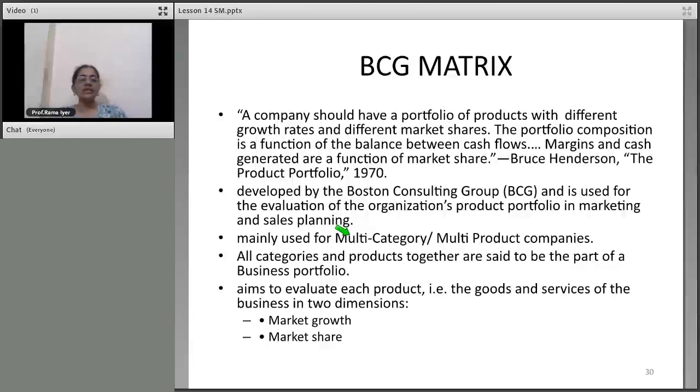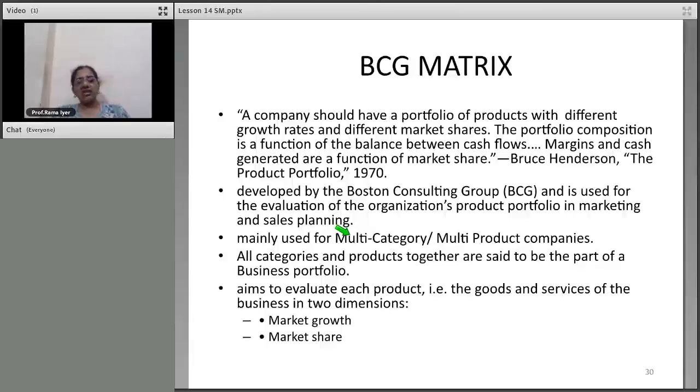BCG matrix is, in any company, it should have a portfolio of products with different growth rates. Growth rate as in when does it peak, when does it go well. Some different products should have different growth times. Otherwise, you will have a time when everything is doing well or everything is doing badly.